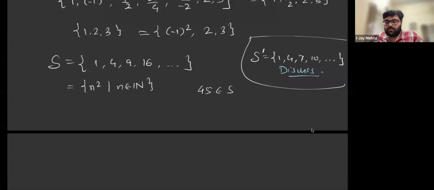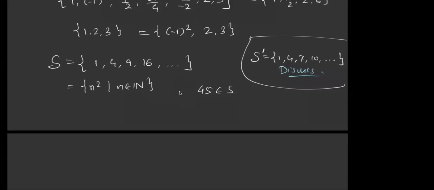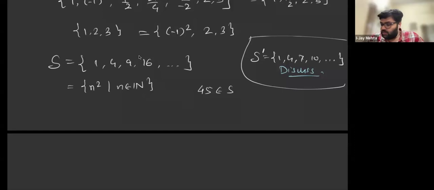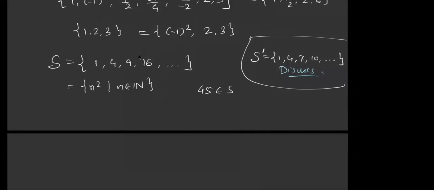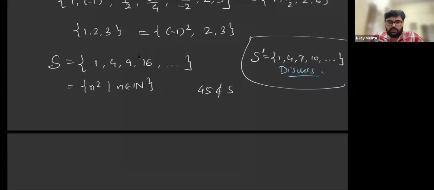Firdaus, what is your answer? 45 does not belong to S as it is not a perfect square. It's not a perfect square, but any other reason? Why does it not belong to this? Room number 7, Azka.